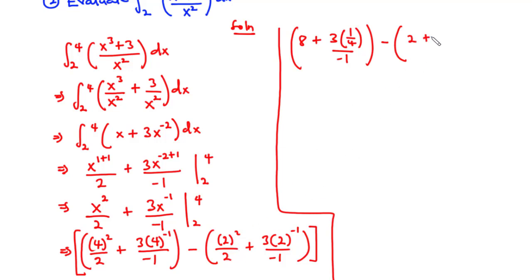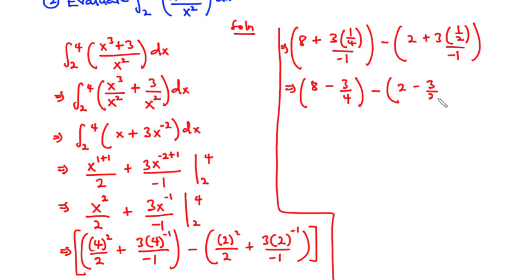Plus we have 3 times 1 over 2 all over negative 1. So this becomes 8 minus, because of this negative 1, and then 3 times 1 over 4 is 3 over 4. Here we have 2 minus 3 over 2.